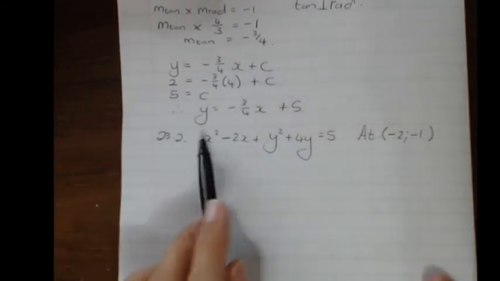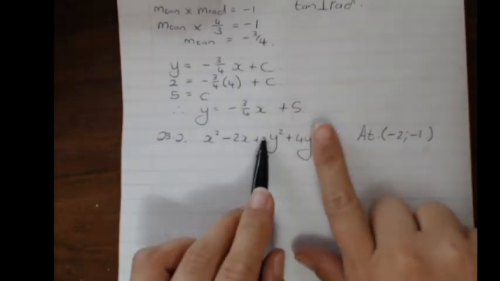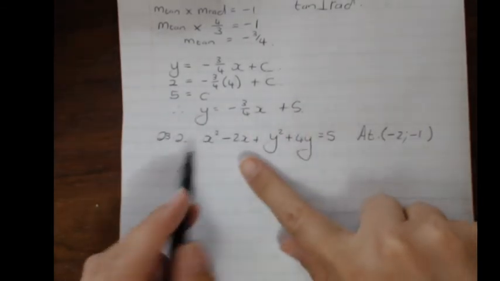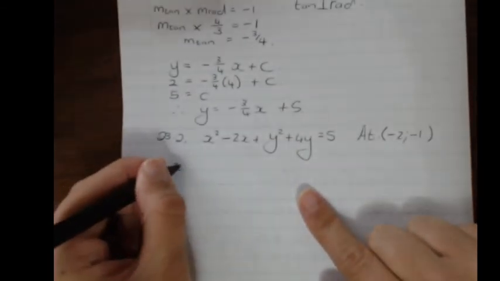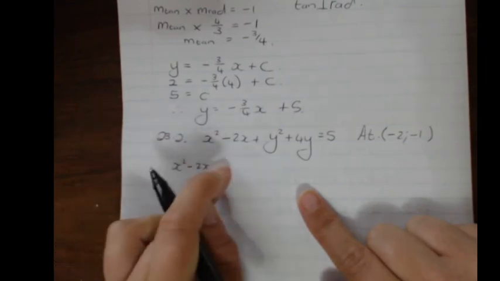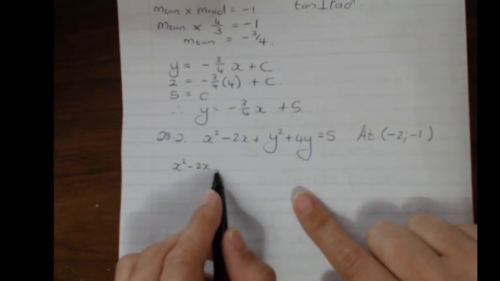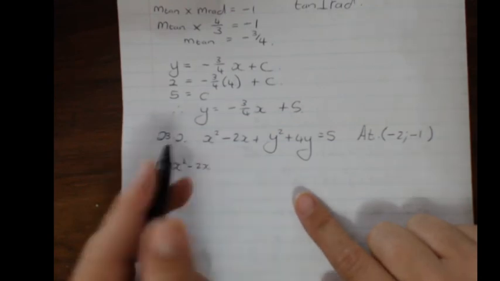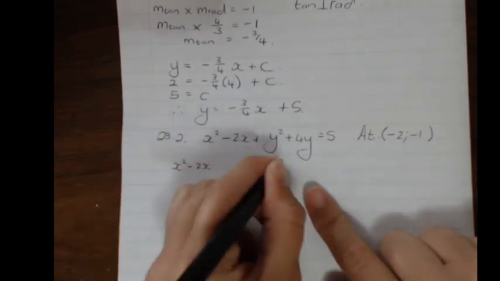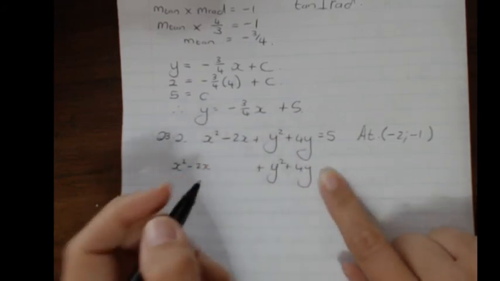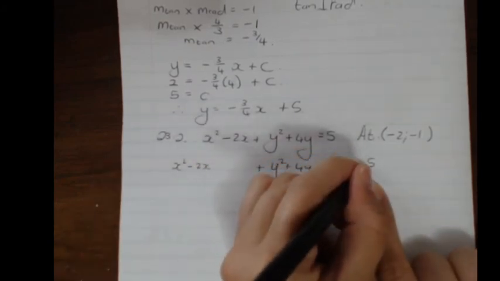Great. To write in standard form, I need to do my double completing of the square. I'm just going to space them out, x squared minus 2x, and give space for my constant term of that trinomial there, plus y squared plus 4y, give my space there, is equal to 5.